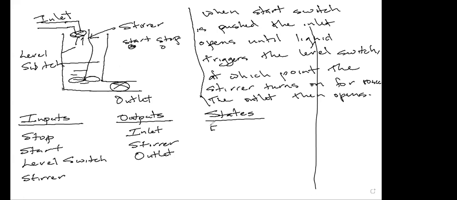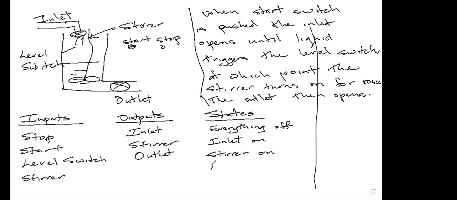So one state is everything off. Or the inlet on is one state that the system can be in. The fluid is running out of the inlet valve. The stirrer on is another state.